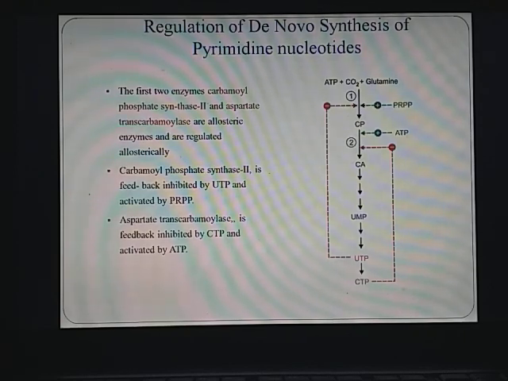In the same way, aspartate transcarbamylase, the second enzyme, is feedback inhibited by CTP and is activated by ATP. So the regulation of pyrimidine nucleotide synthesis is mainly by allosteric or feedback regulation, where UTP and CTP act as inhibitors and phosphoribosyl pyrophosphate and ATP act as activators.